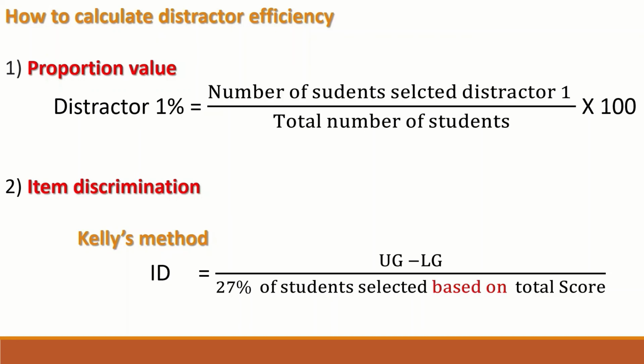So the way to calculate the ID is to first calculate the total score achieved by each individual participant in a test or exam, then rank this total score from high to low, and then group the students into upper group and lower group. The upper group represents the top 27% of total scores, and the lower group represents the bottom 27% of total scores.